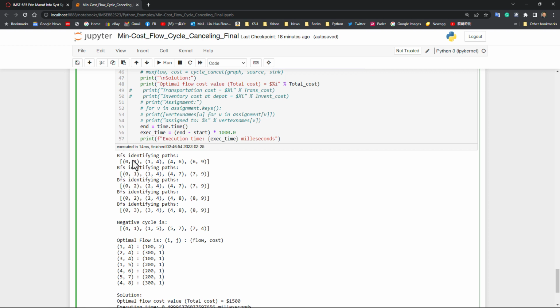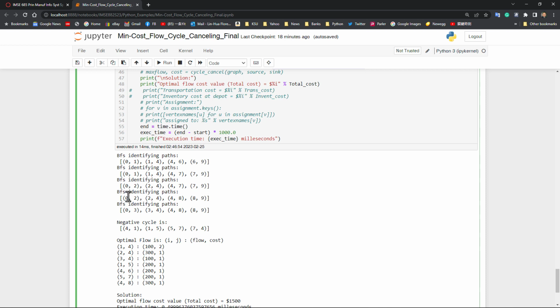The first path is from 0 to 1, from 1 to 4, from 4 to 6, and 6 to 9. The second path, another shortest path, is from 0 to 1, 1 to 4, 4 to 7, and 7 to 9. The next shortest path is from 0 to 2, 2 to 4, 4 to 7, and 7 to 9.